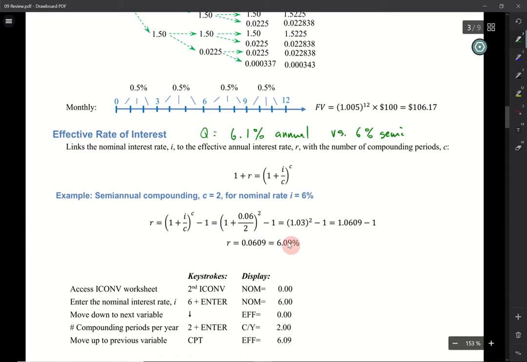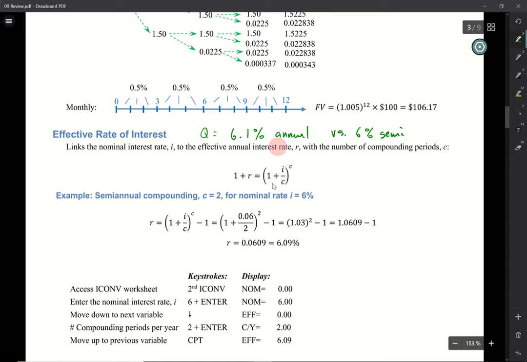So now you can compare, say, 6% semi-annual. What is 6% semi-annually? It's 6.09, whereas the 6.1 is like 0.01 larger. If it's $100 or $1,000, it's not a big difference. But on $1 million or $10 million, this extra 0.01 is going to be a bigger number.